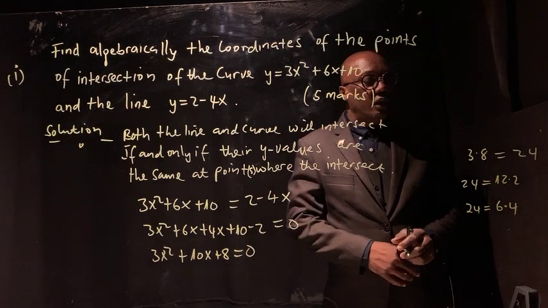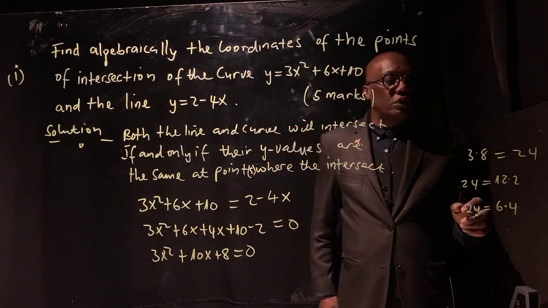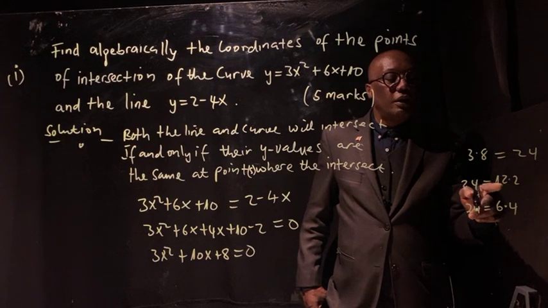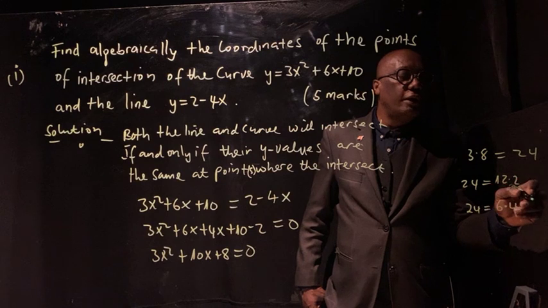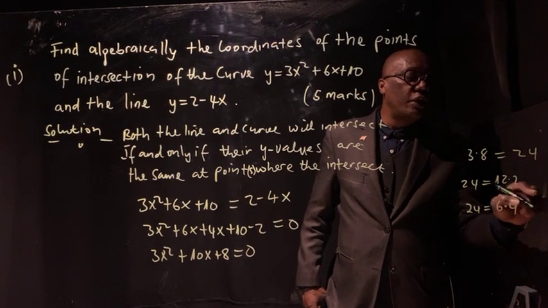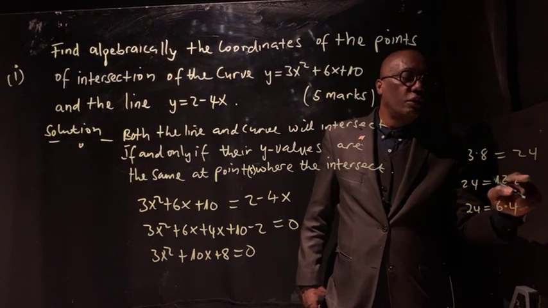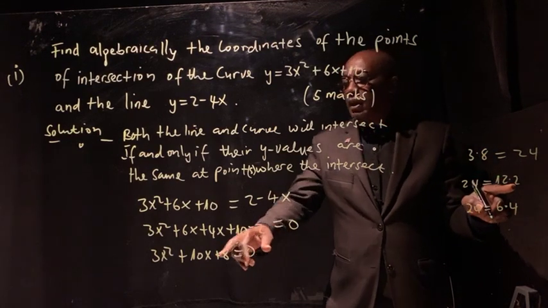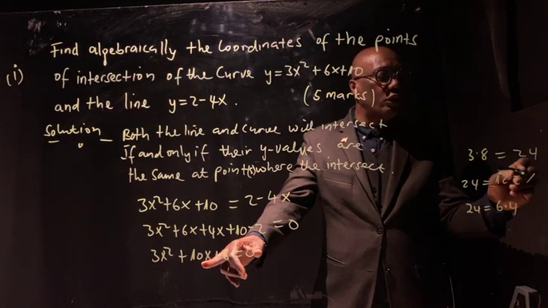Now, to do this one, we will try to add the factors. Here, the factors 12 and 2. If we add them, 12 plus 2 is equal to 14. Now, is the coefficient of x equal to 14? No. Then we rule this one out.